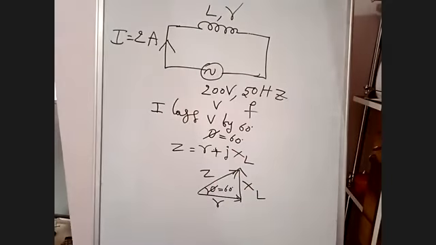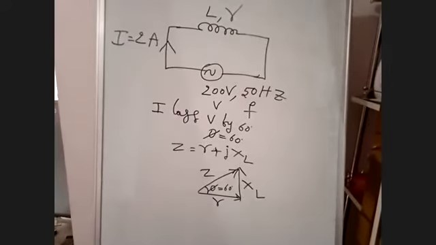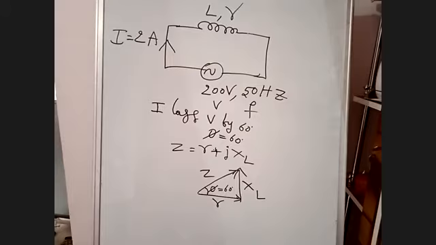If you draw the right angle triangle, then you can determine easily. Small r is the internal resistance of the coil.